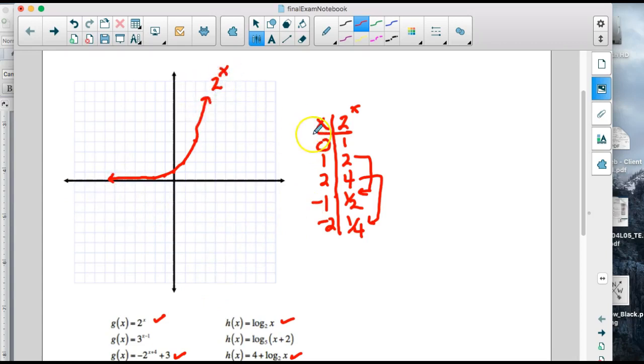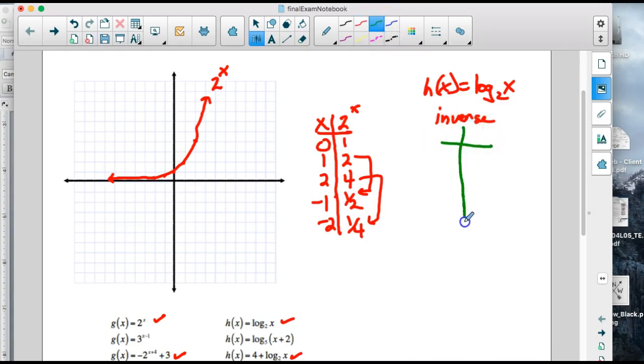Now I can use this to do all the other ones as well. If I was going to do h of x equals log base 2 of x, that's just the inverse of the other function. That just means we reverse the x and y values. In this one, we don't even have to make a new chart.